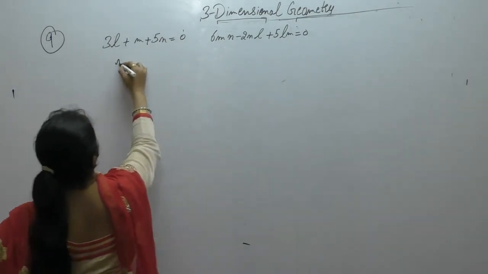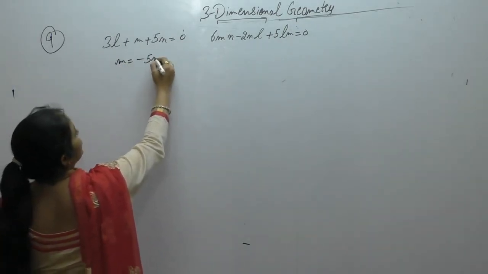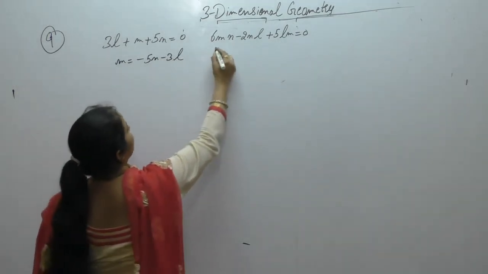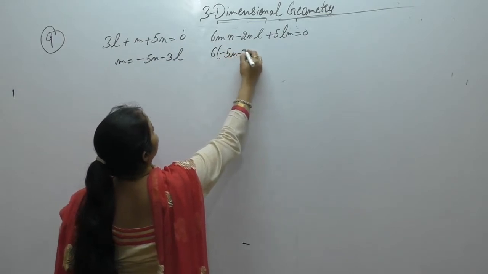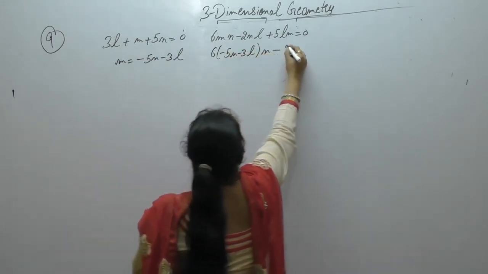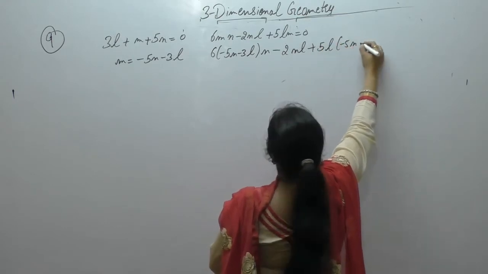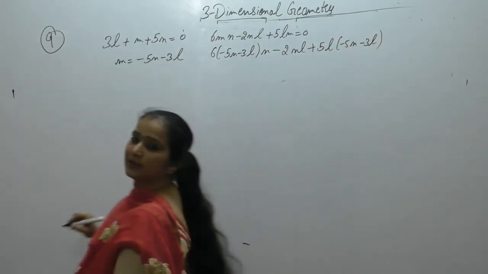From here, find the value of m as -5n - 3l. Put the value of m here: 6(-5n - 3l)n - 2nl + 5l(-5n - 3l).